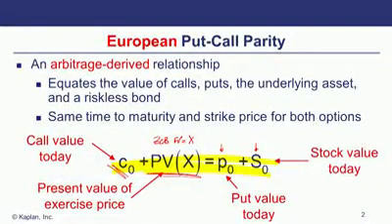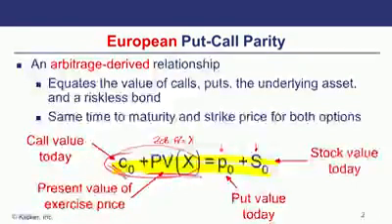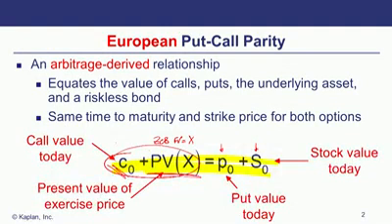Now we do have names for these. The left hand side of the equation, i.e. the side that has a European call and a zero coupon bond, is typically called a fiduciary call. Some people actually call it a principal protected note, because the idea of this product is that the zero coupon bond provides protection for your capital.